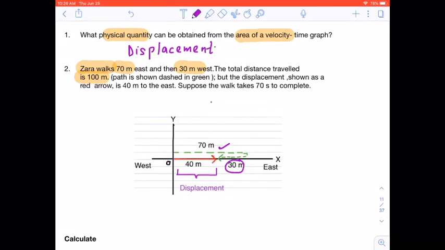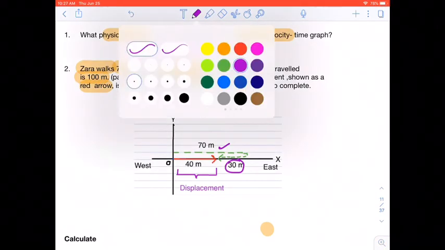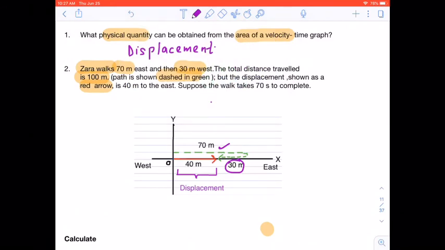And that's shown by the dashed green line. But the displacement is shown as a red arrow. So there's the displacement. That gives you an indication of the displacement here, and it is 40 meters to the east.